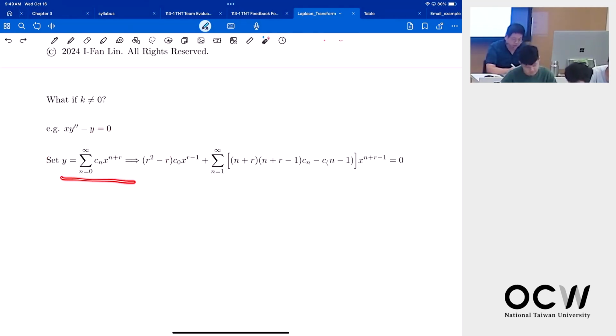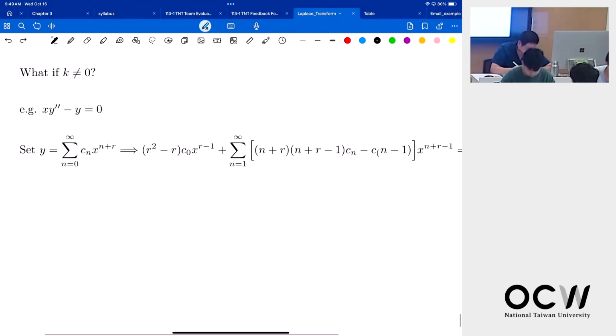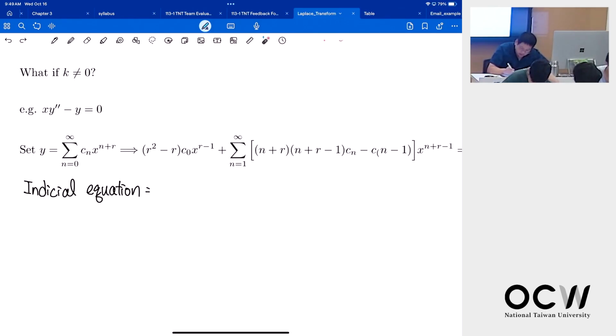So now this is for Frobenius series. Here we can see that my indicial equation, r squared minus r, should be 0.